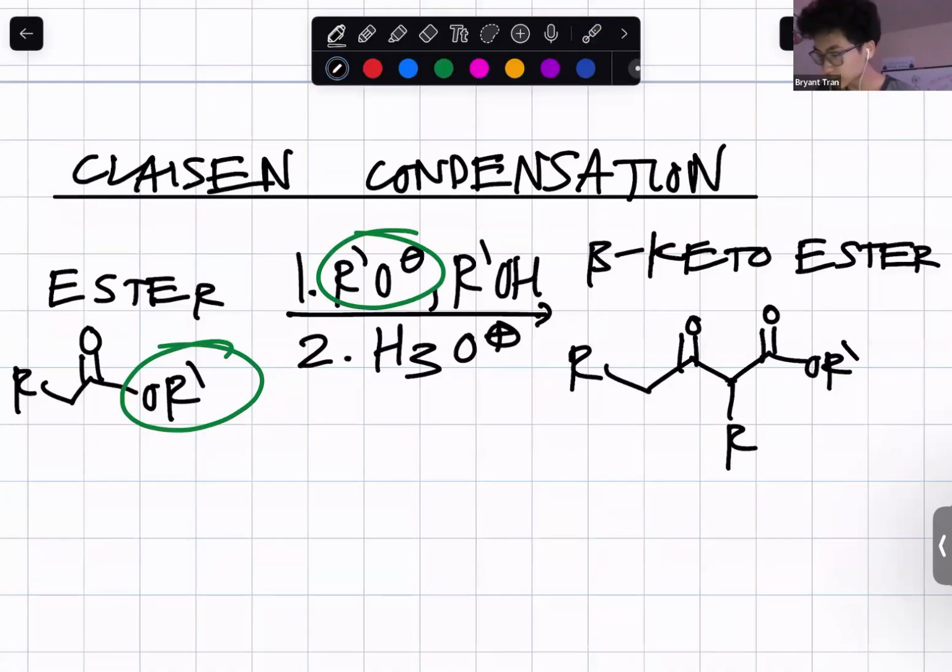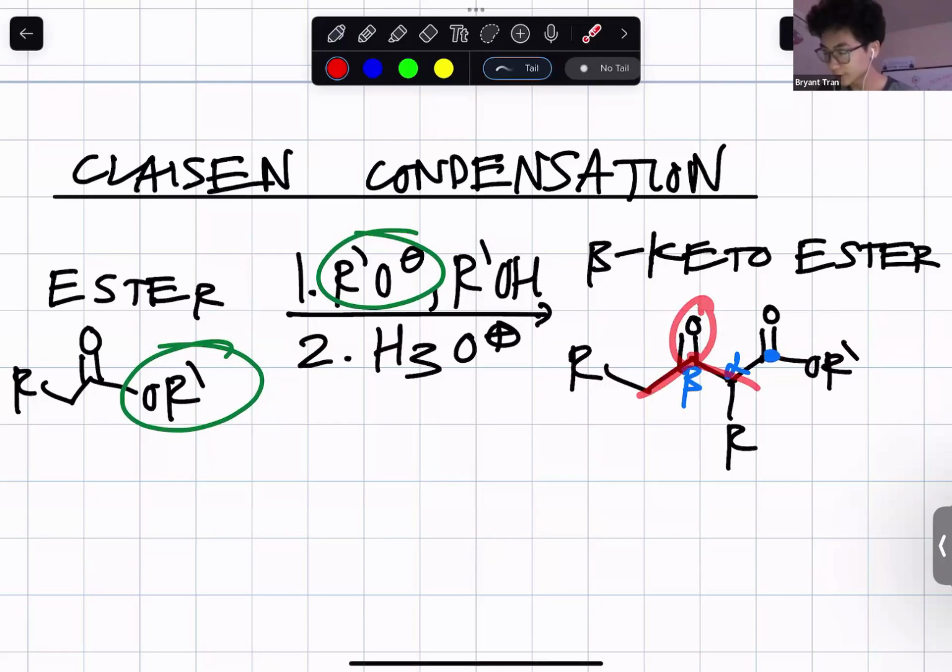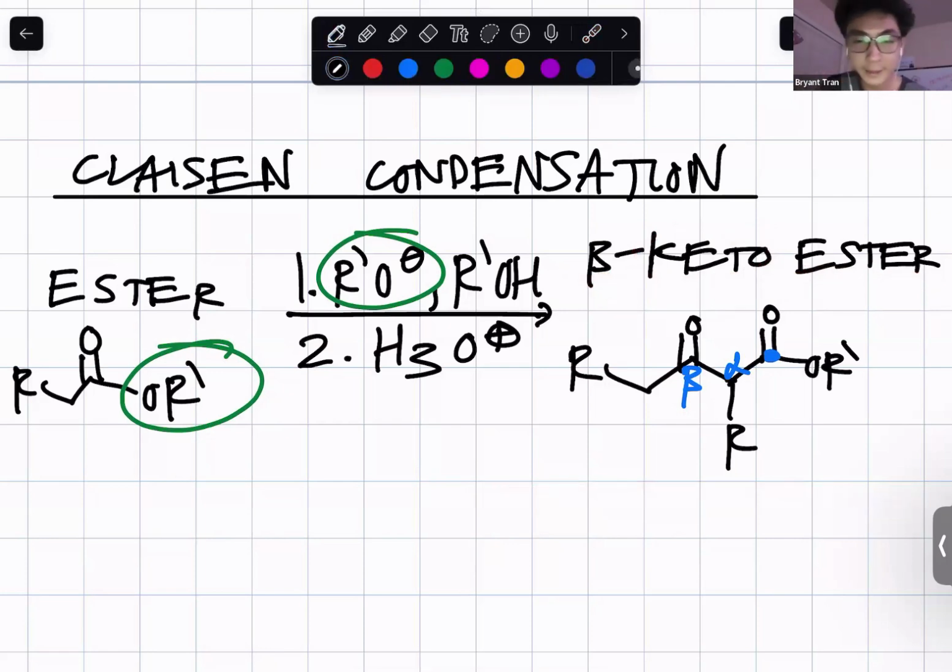And let's focus on the carbonyl of the ester. This is the alpha carbon, because that's the first carbon away from the carbonyl carbon. This is the beta carbon, because that's the second carbon away from the carbonyl carbon. At the beta carbon, we see a ketone. So that's why we call this the beta keto ester, because there's a ketone beta to the ester. Okay. Any questions on that?